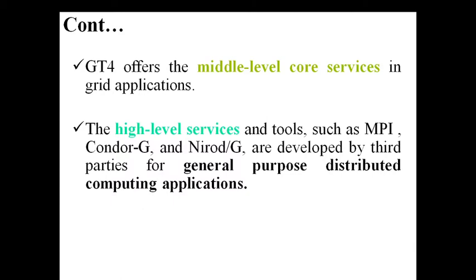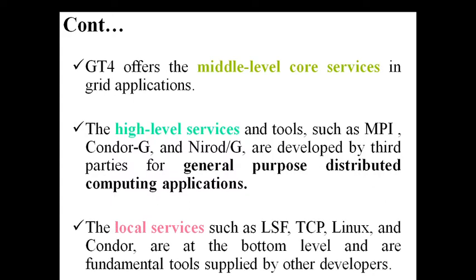So any other one will take the request of any company that is going to provide the grid service, and from that they develop some tools which can be helpful to the user. The local services such as LSF, TCP, Linux and Corda are the bottom levels and are fundamental tools supplied by other developers.